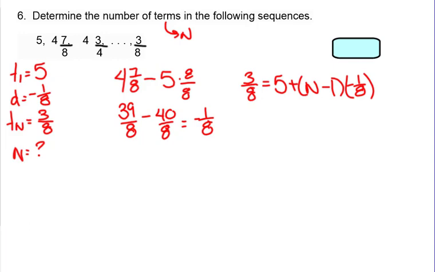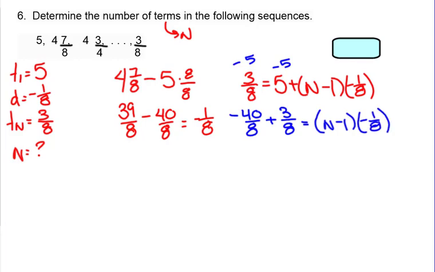My first step would be to subtract 5 on both sides. I'm going to get a common denominator, so negative 40 over 8 plus 3 over 8 is equal to, again, you could distribute that 1/8. I'm going to leave it just for funsies.